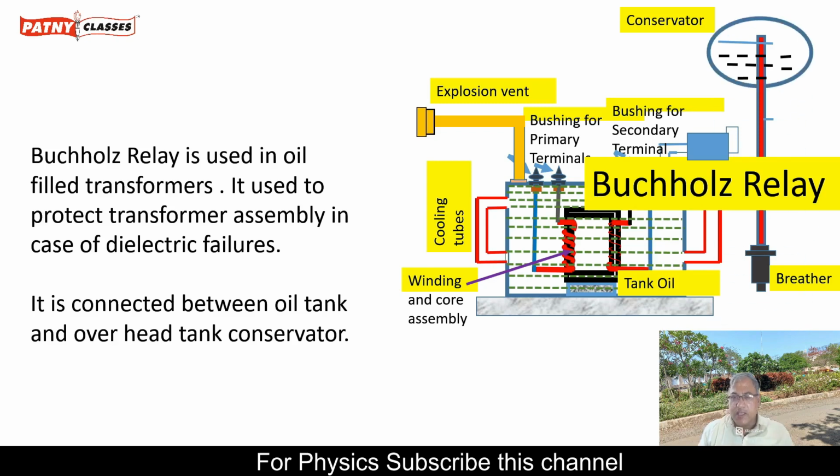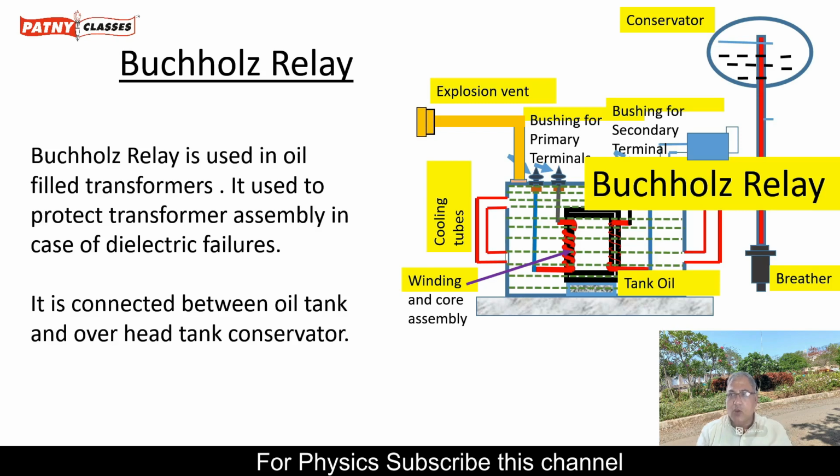And when many gases are produced, these gases should not accumulate inside the tank. To remove these gases from the transformer, they must pass to the outside environment. For that, we have a relay called a Buchholz relay.